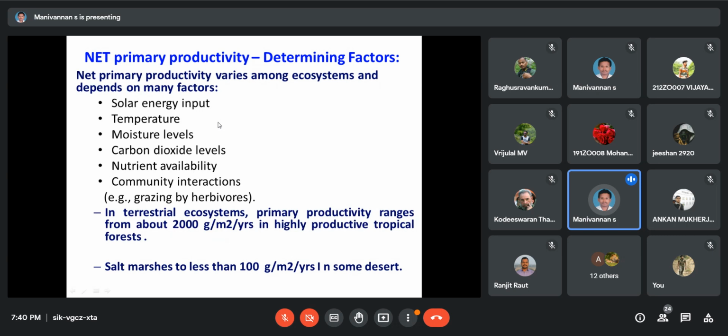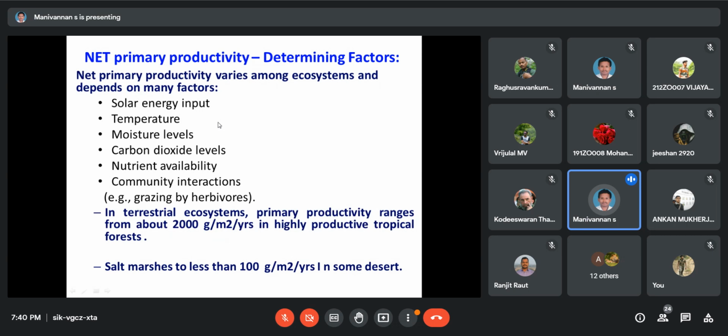What are the factors determining it? One is the solar energy input, then temperature, moisture level, carbon dioxide level, nutrient availability, and community interaction. These factors determine the net primary productivity of each ecosystem.